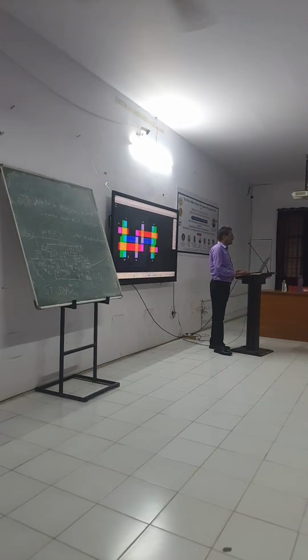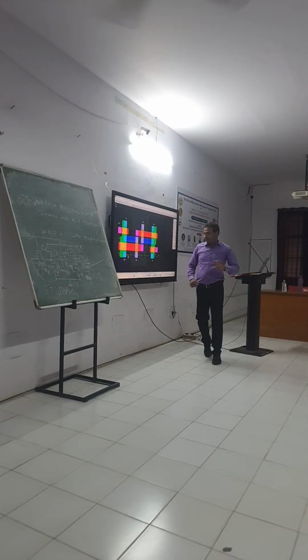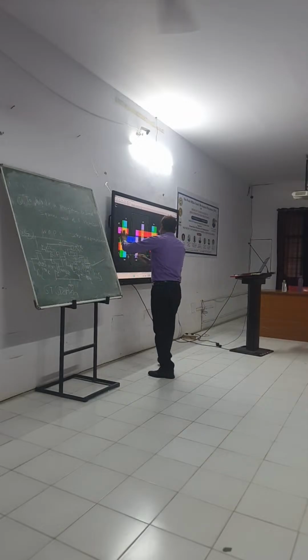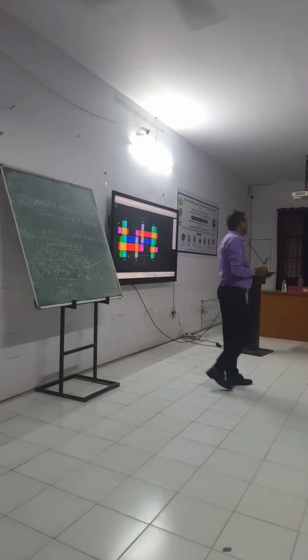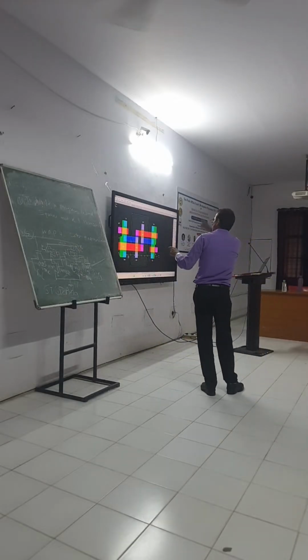For measuring area, this is the measure distance. This is the vertical width, and this is horizontal. So this much area will be taken by one bit cell: length into width.